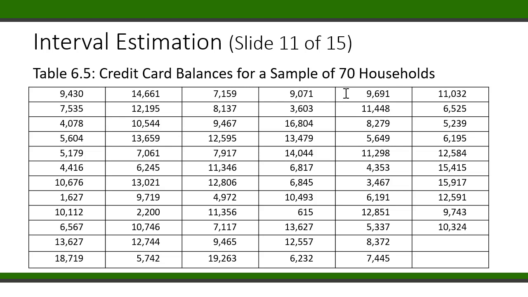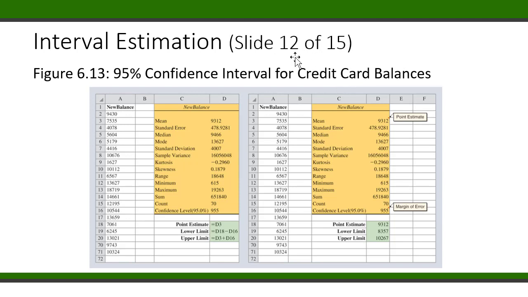And we can get Excel to help us do this. When we run the numbers for a 95% confidence level, notice it gives us the point estimate and the margin of error for the 95% confidence interval, and we can calculate the min and the max and a point estimate here again.